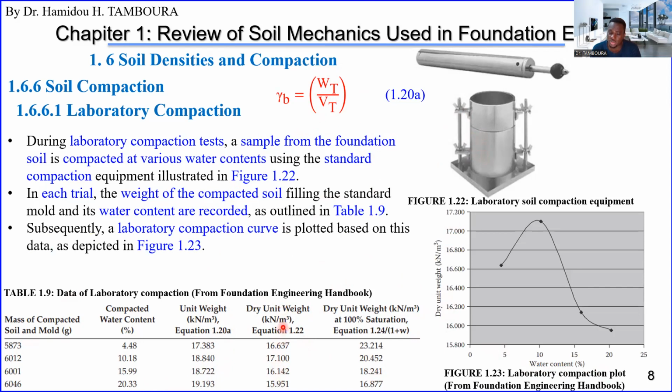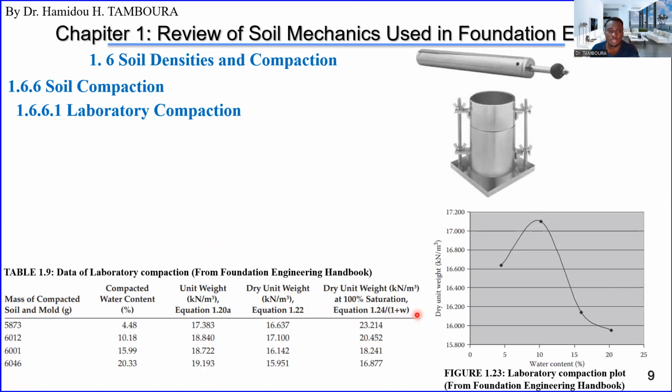The dry one is used here, not the wet one, because the dry unit weight is the unit weight that gauges the degree of compaction. It will tell us if the compaction is well done or not. I will keep this here.